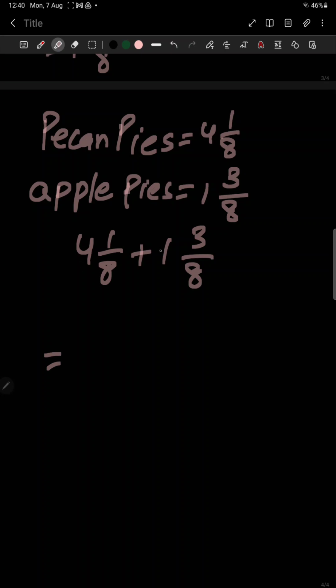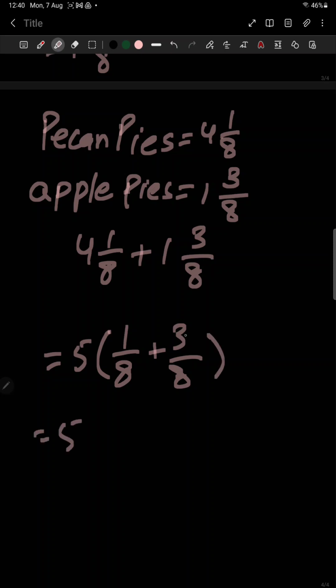We can simply add them. 4 plus 1 is 5. Then 1/8 plus 3/8, 4/8. It will give us 5 whole 1/8 plus 3/8 is 4/8, which is 1/2, since 4 1s are 4, 4 2s are 8. So the total is 5 whole 1/2. This is our answer.